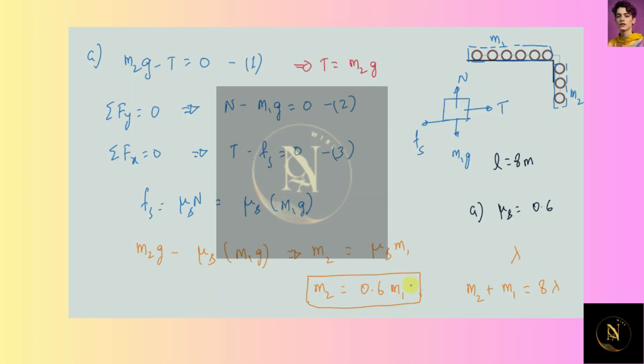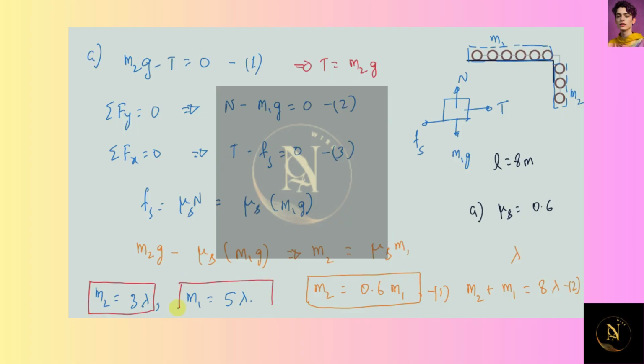So we're going to solve simultaneously these two equations, and we'll get the value of m2 as 3 lambda, and the value of m1 as 5 lambda. So from this we can tell that the chain is going to slide off the table when 3 meter of the chain hangs over the edge of the table. So this was the solution for the A part.